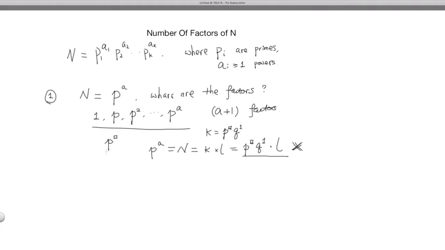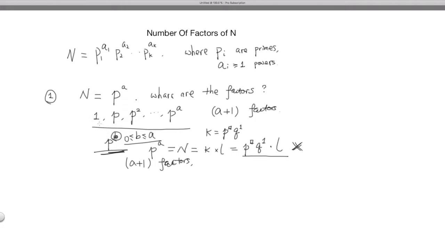That means for n, all the factors are in the form of p to the power something. And now, for this p to the power something to be a factor of n, the something, let's say it is b, has to be less than or equal to a and bigger than or equal to 0. So there are a plus 1 factors.